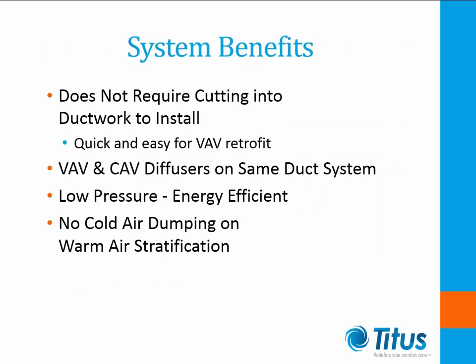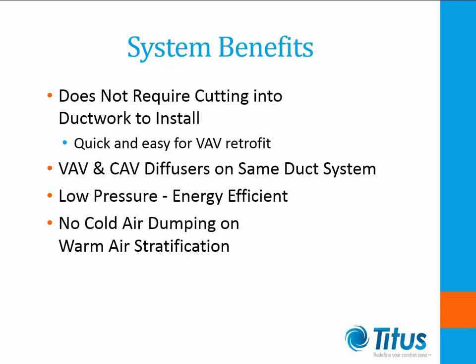The benefits to using variable air volume diffusers are several. Installation is easy and straightforward. They can be even quickly installed as a field retrofit for applications where additional control is desirable. VAV diffusers can be mixed with standard constant air volume or CAV diffusers in the same installation.